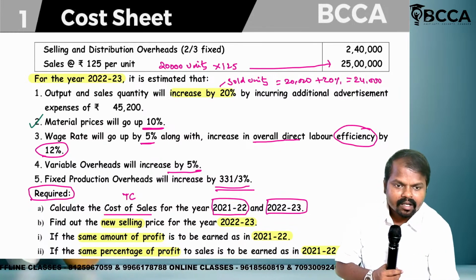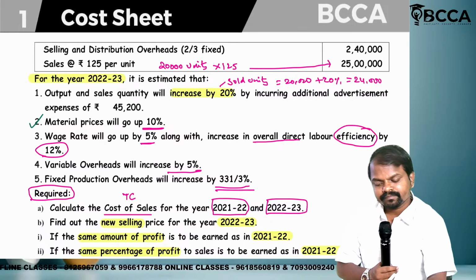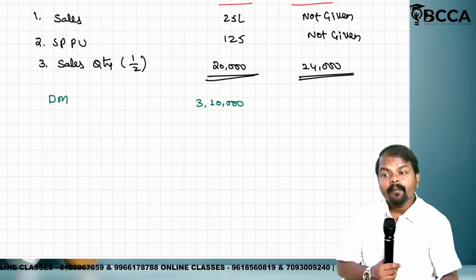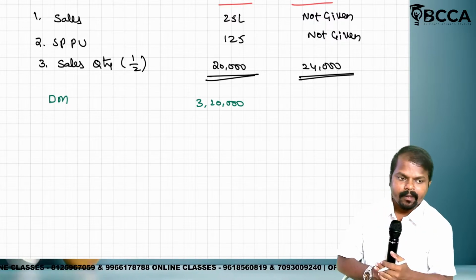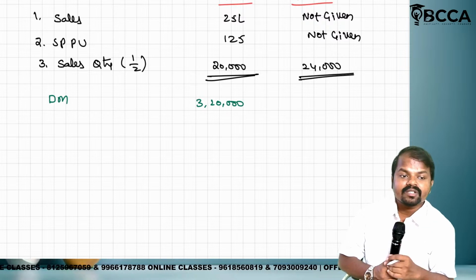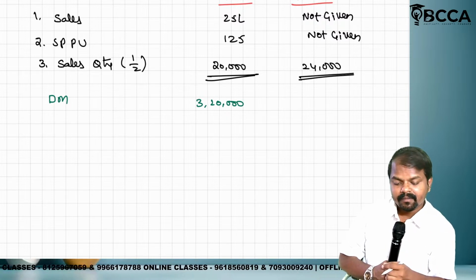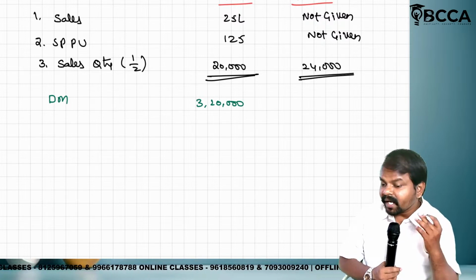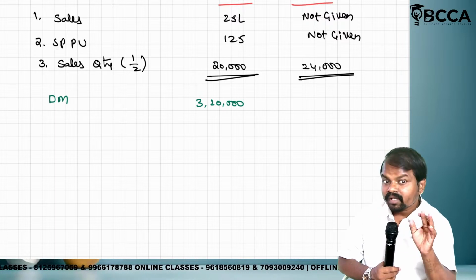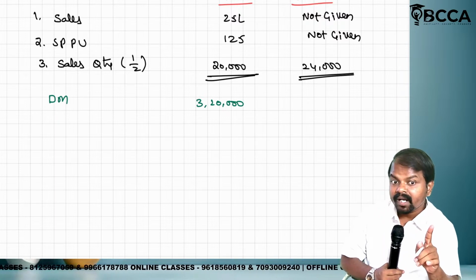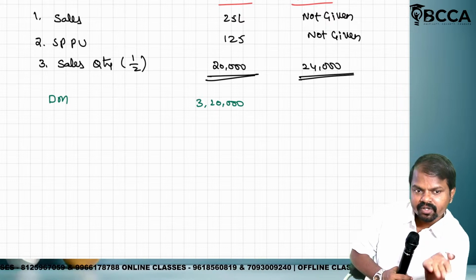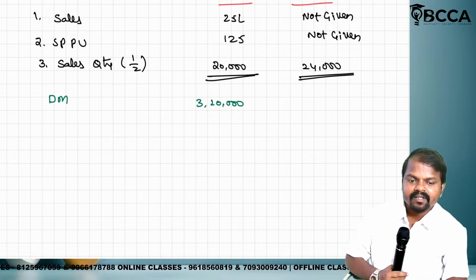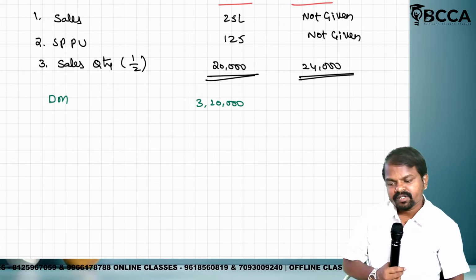Correct or wrong? Please take the calculator. 3,20,000 plus 10%. 3,15,000. But compared to last year output, this year output is increased 20%, plus 20%. How much?